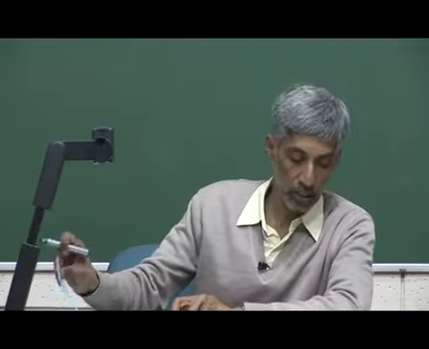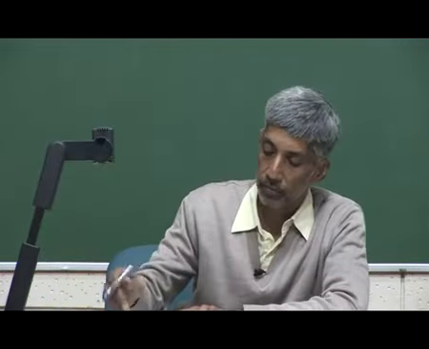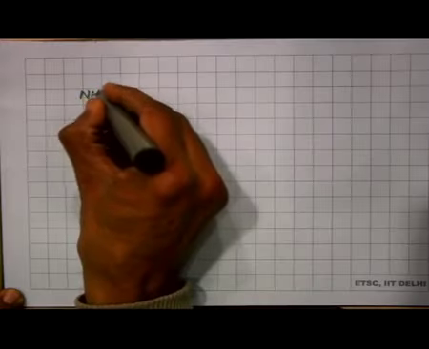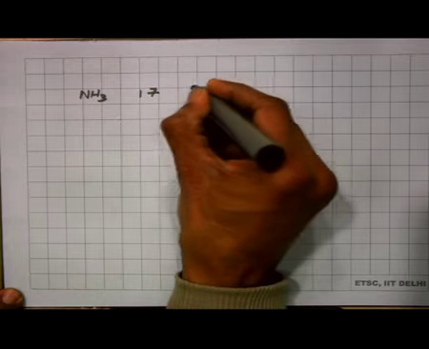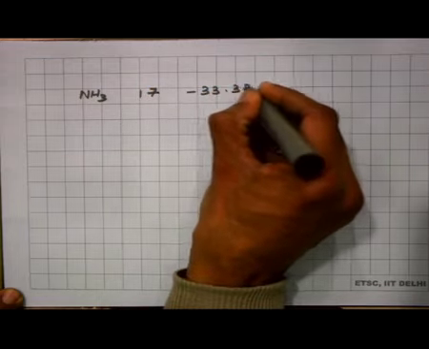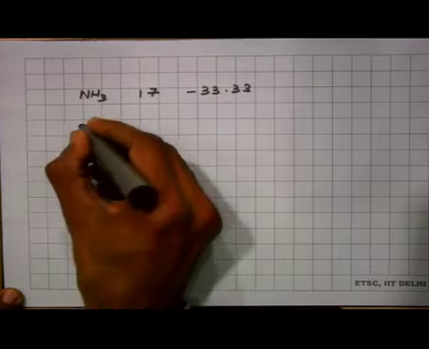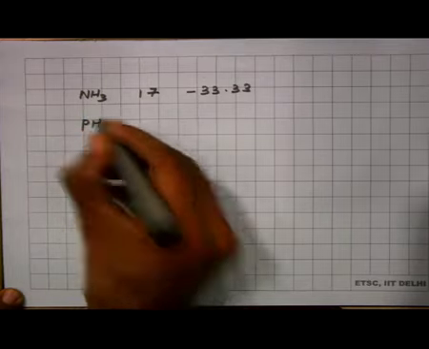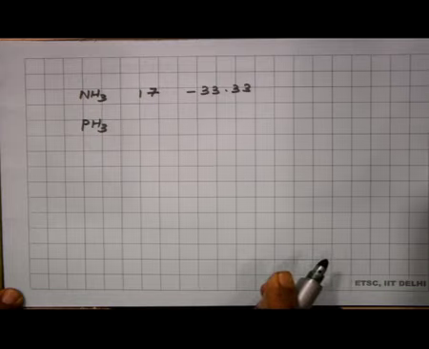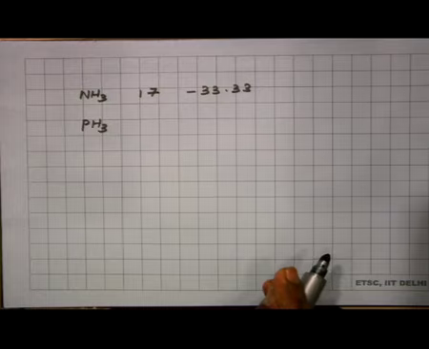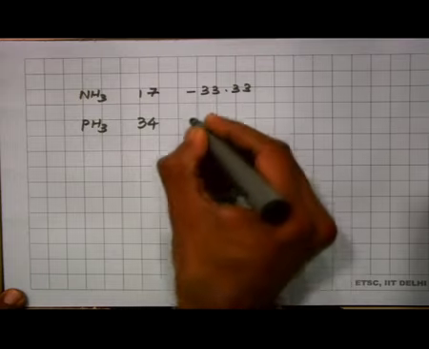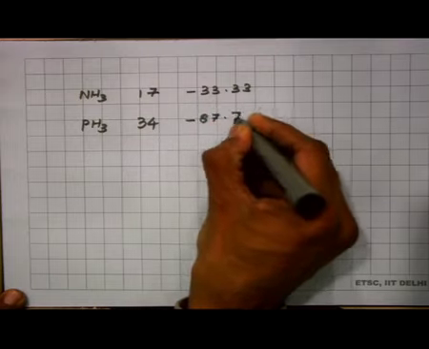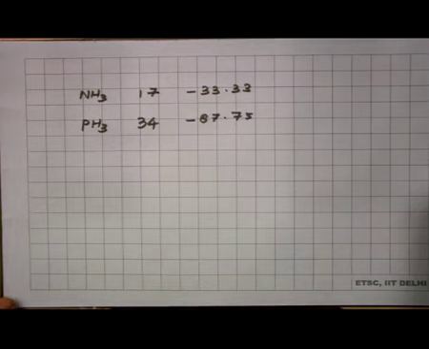Now, for comparison, let us look at, in the next period, ammonia with a molecular mass of 17 and boiling point minus 33.33. PH3, if the prediction with regard to this boiling point that we learned from the methane series was right, we would expect that this would be smaller than this, has a boiling point of minus 87.75, which means that it has gone down.